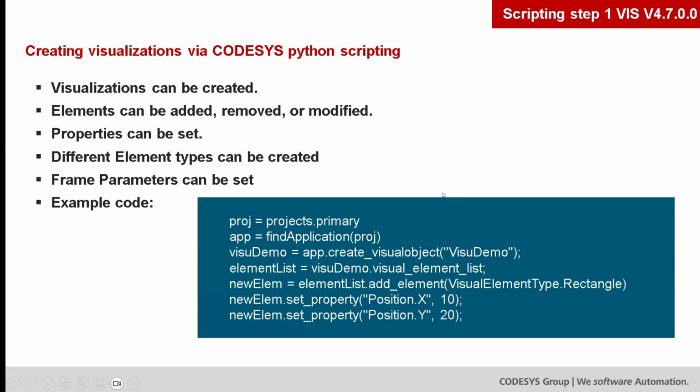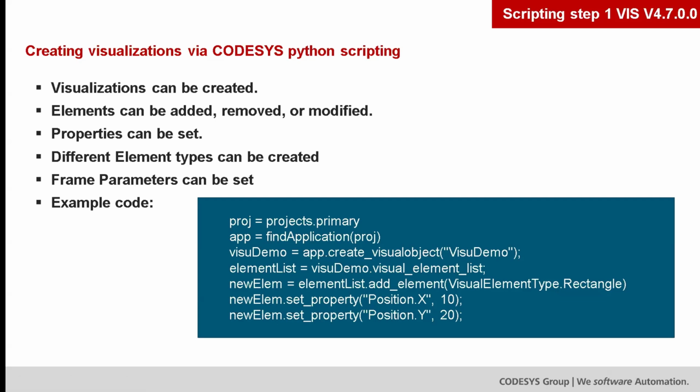So in the first step, we want to provide a way that elements can be created, properties can be set, input actions can be assigned, and also frames can be inserted, which refer to a specific visualization.